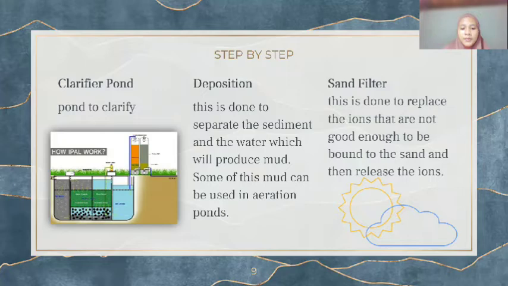This is done for maintenance and in the form of microbial seeds. Number 9, sand filter. This is done to replace the ions that are not good enough, which are bound to the sand, and then release the ions.